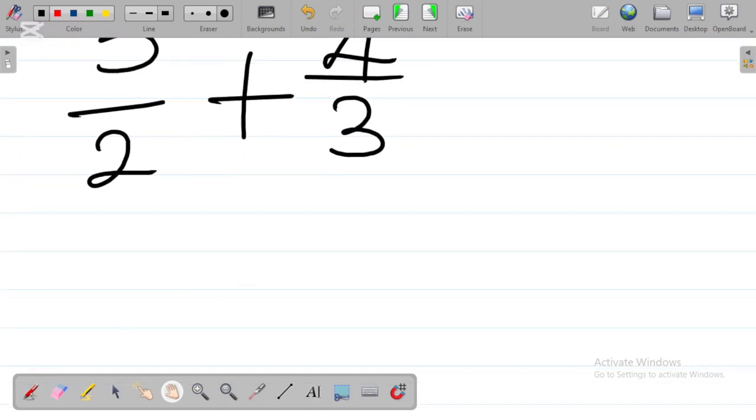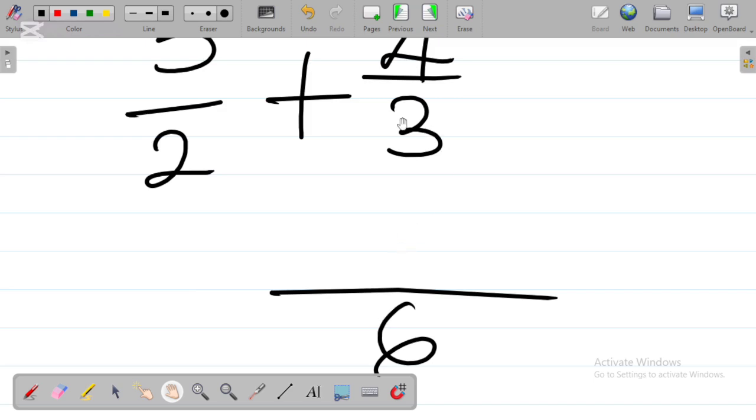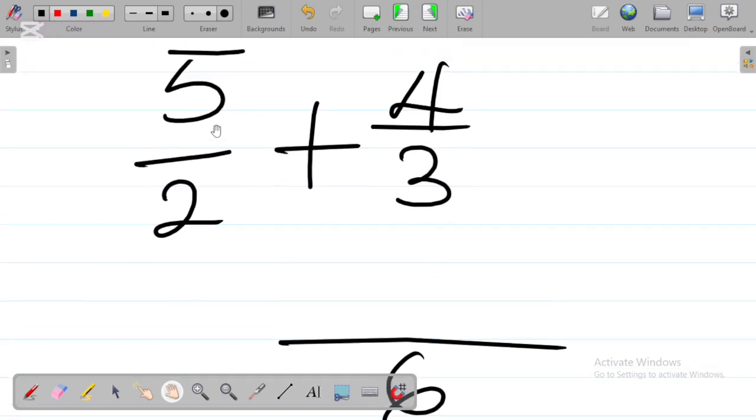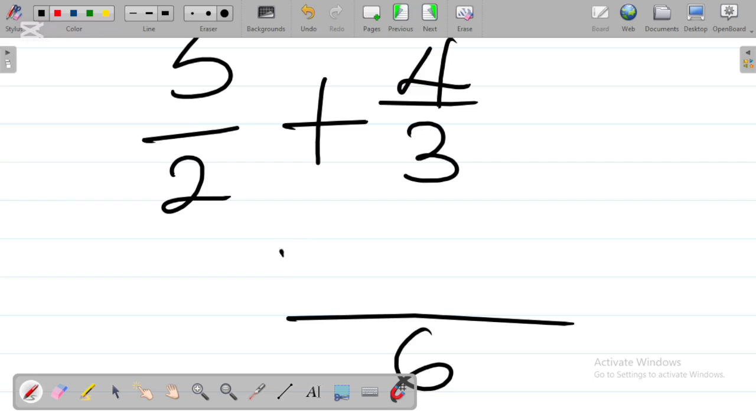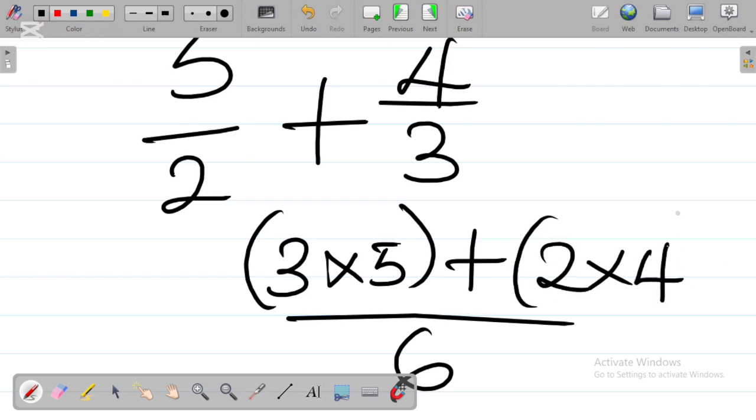The denominator is 2 multiplied by 3, which is 6. Now 2 into 6 is 3, which will multiply the numerator 5. So we have 3 multiply 5, and then plus 2 multiplied by 4. So that's how you get your LCM.